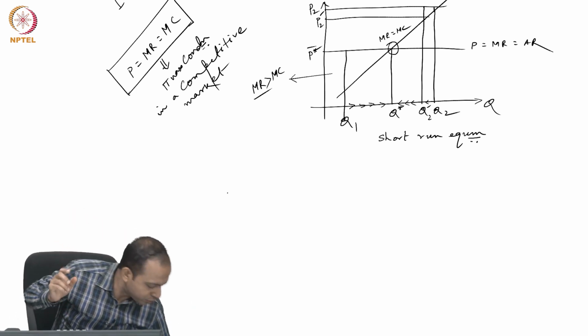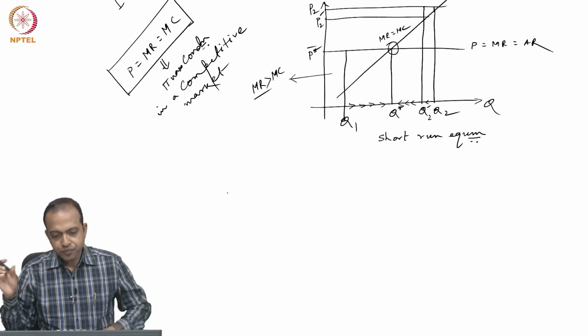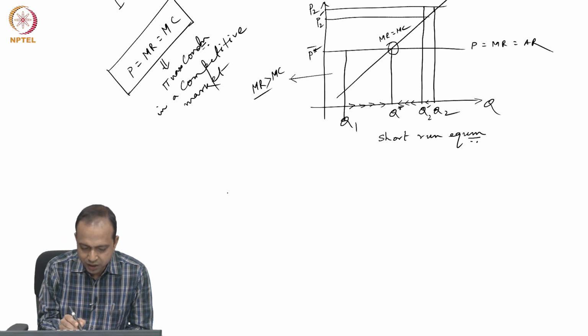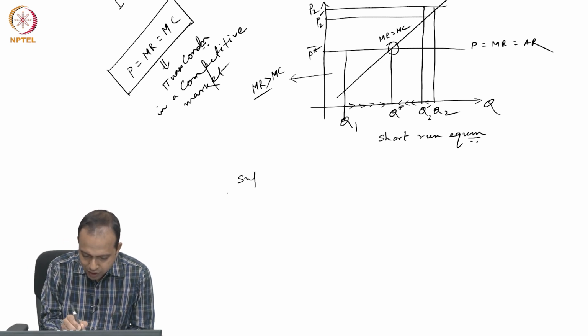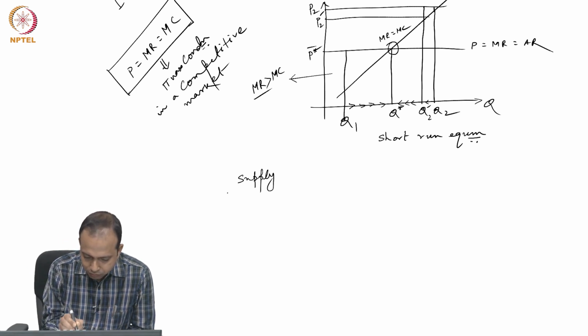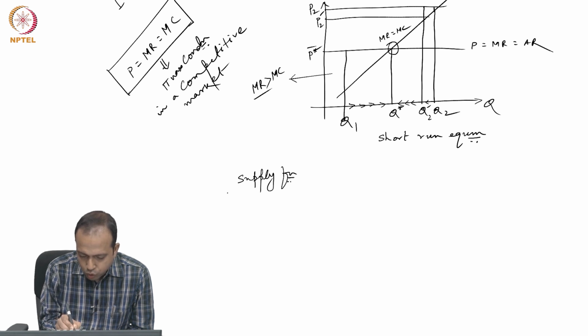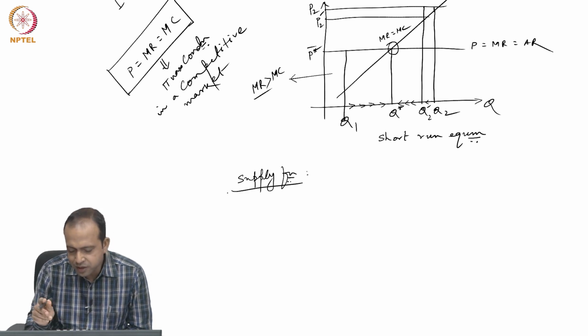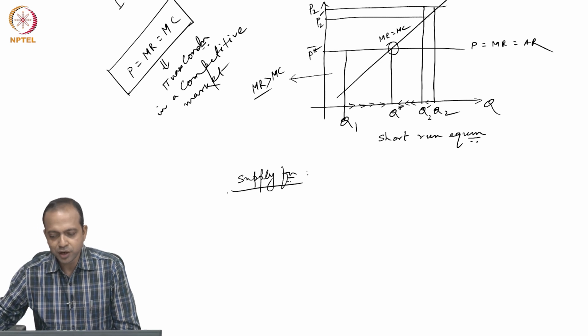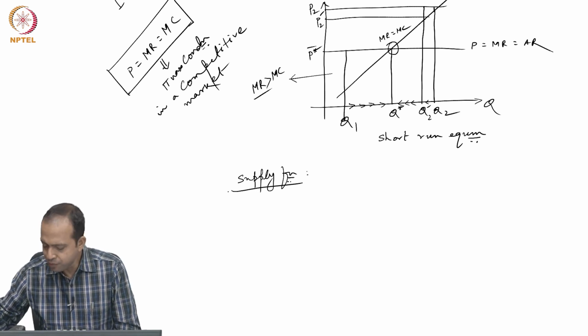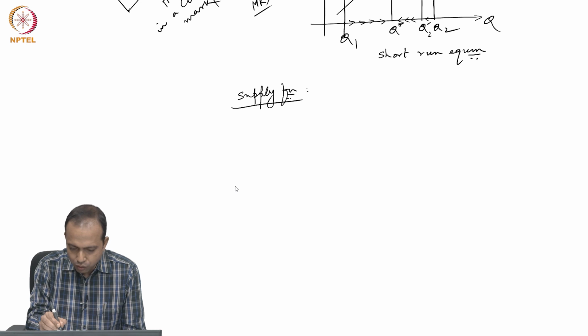Now, let us talk about the supply function in the competitive market. We know the demand function, which is nothing but P equals MR equals AR. This is the demand. What about the supply? Look here.